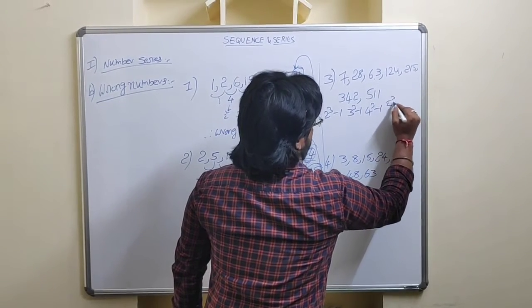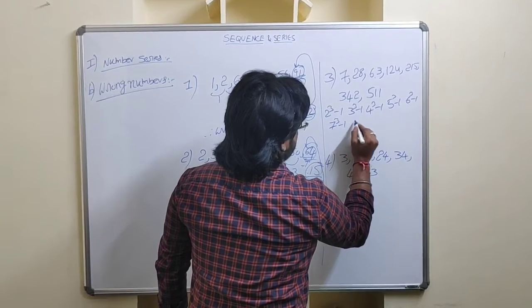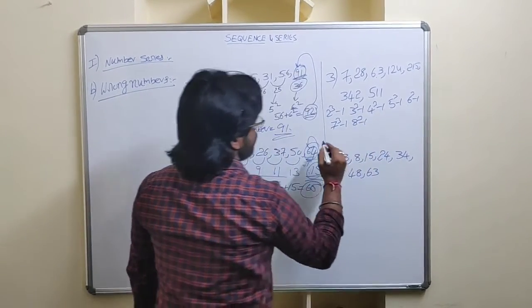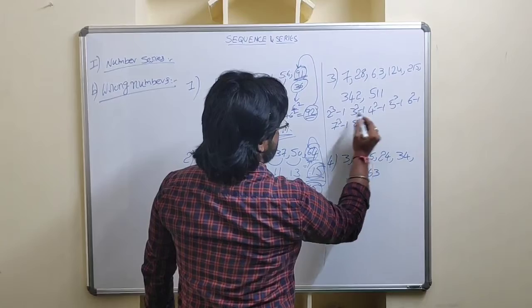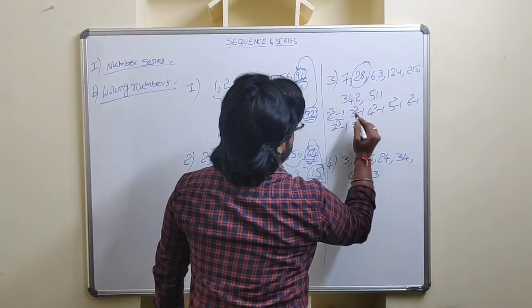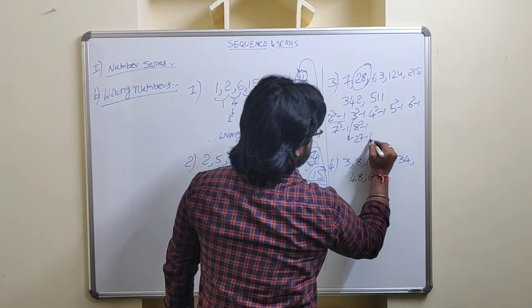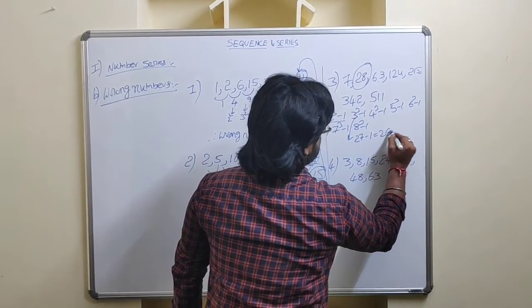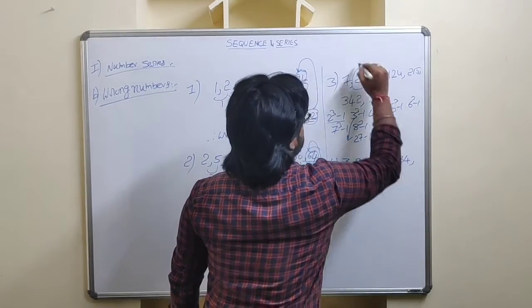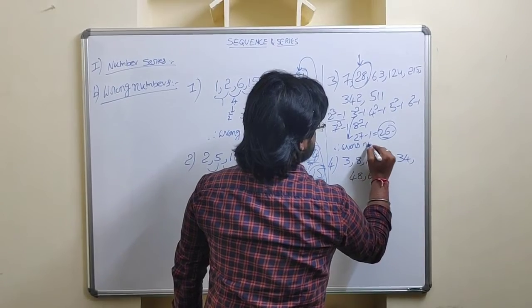Similarly, all the numbers can be written as a cube value minus 1. When you observe this combination, everything is satisfied except 28. So 3 cube minus 1 is 27 minus 1, which is 26. But instead of 26 here you find 28. So the wrong number is 28 itself.